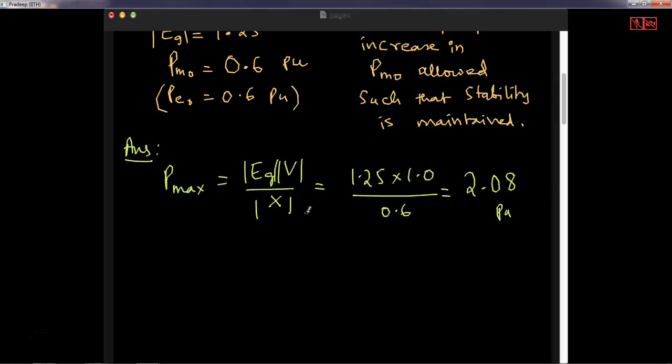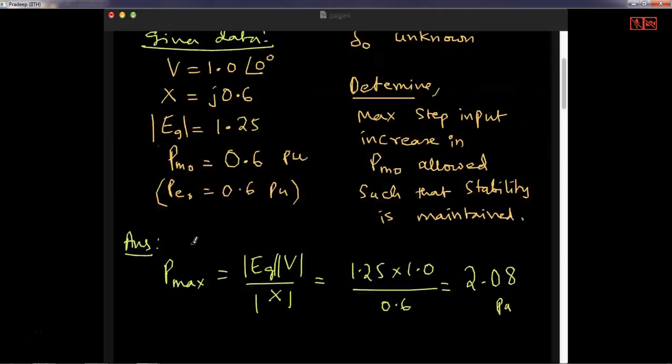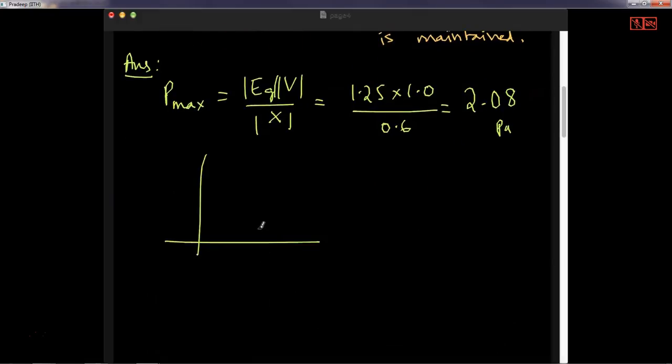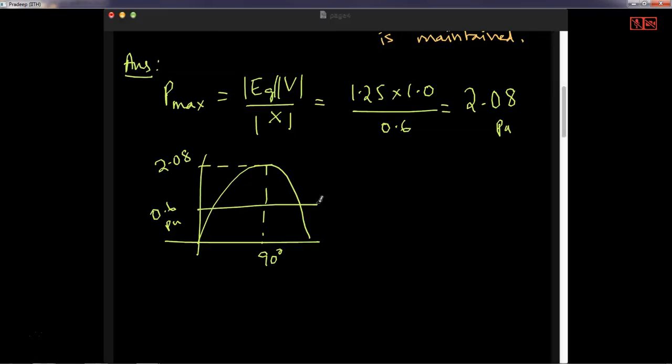Now what is my actual P naught? How do we get the delta? We have a situation like this. This maximum value is 2.08 per unit at 90 degrees. Now I am operating at 0.6 per unit, that is PM naught equal to 0.6 per unit.